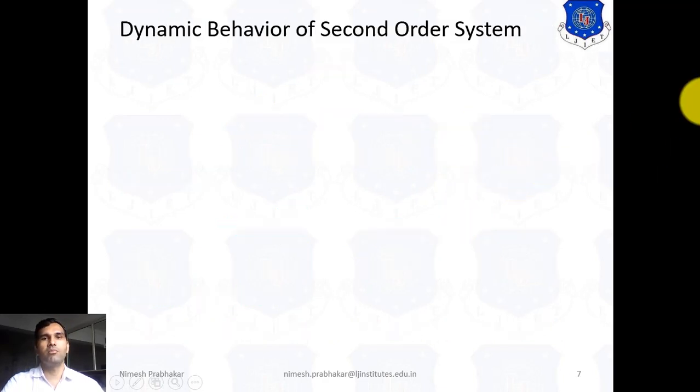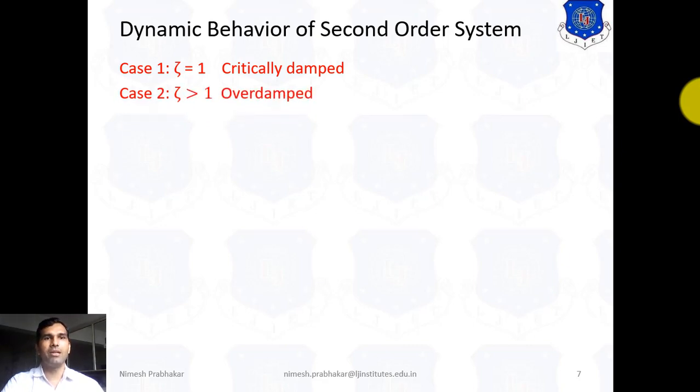Now we understand by using a graph. In the first case, we consider that zeta is equal to 1. At that time, the system is known as the critically damped system. And in case 2, when zeta is greater than 1, at that time the system is known as the overdamped system.